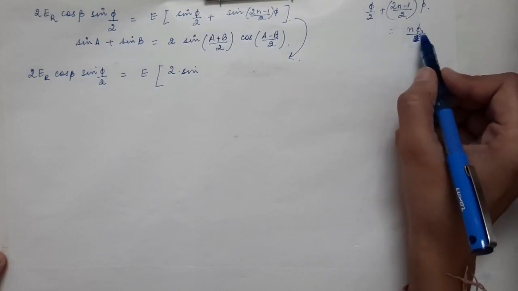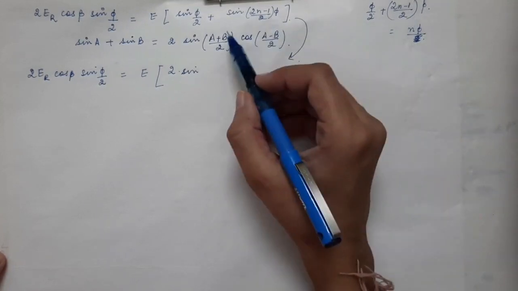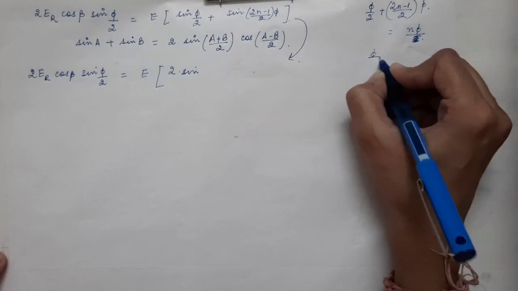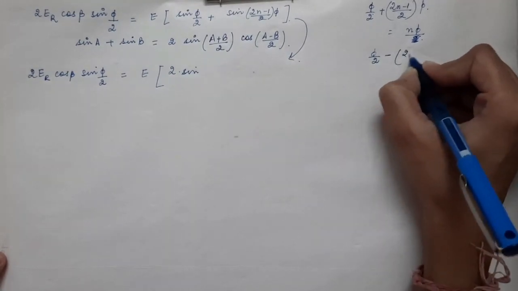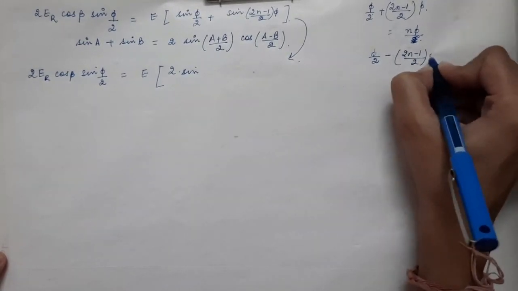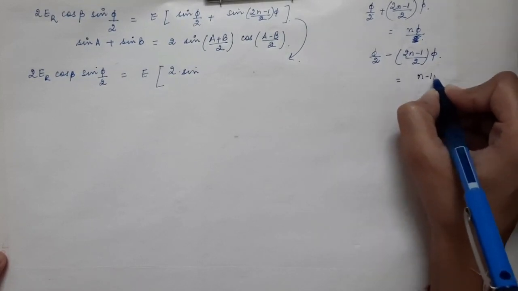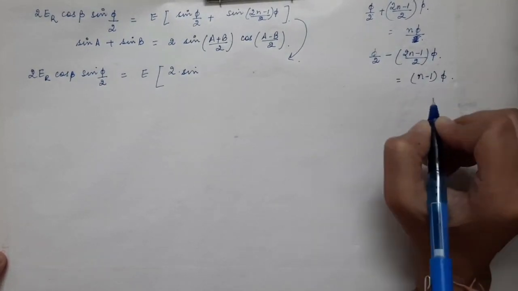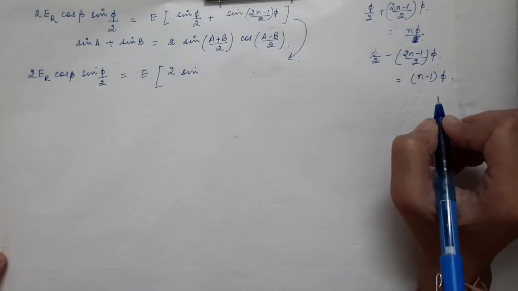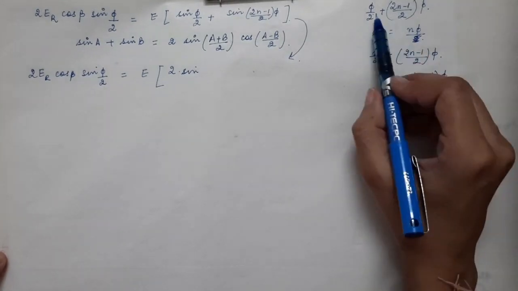So a plus b will be equal to n phi, and a minus b, that is phi by 2 minus (2n minus 1) divided by 2 into phi, will be equal to minus (n minus 1) times phi. So you will solve this for a minus b and a plus b.